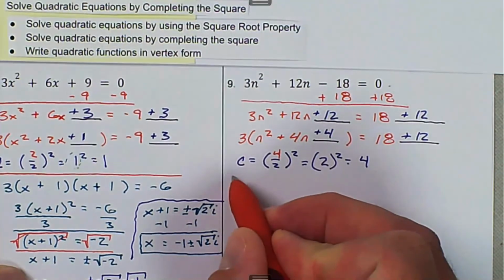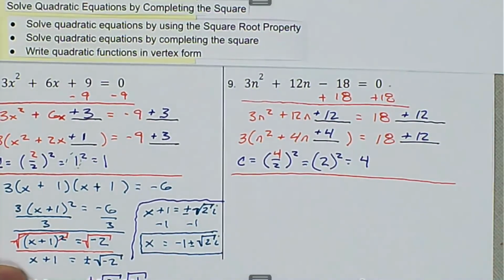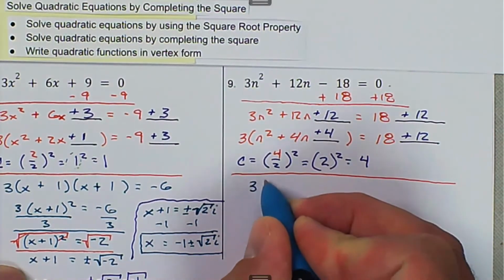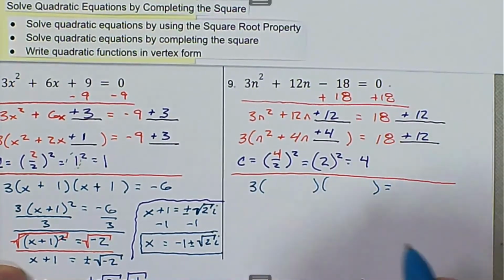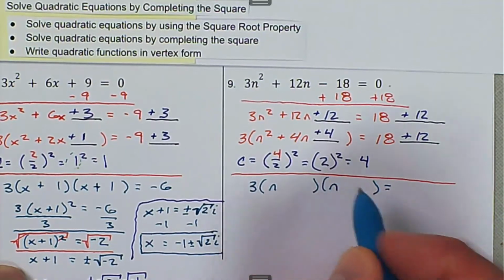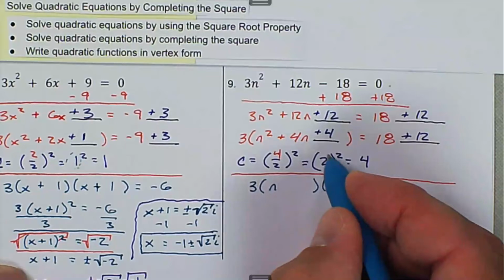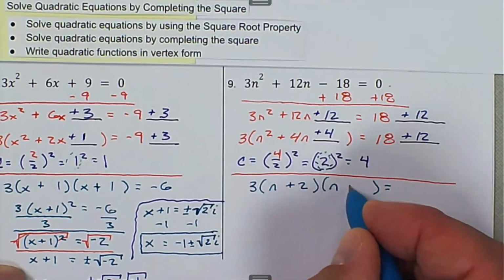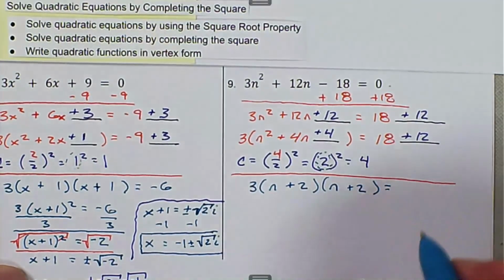Now we can rewrite our equation because we wanted to get that perfect square binomial. So we have 3. The only thing that's going to get us n squared is n times n. And the only thing that's going to get us to 4 is the value that we squared right here, which is 2. So we're going to add 2 to both sides. On the right-hand side, we have 30.